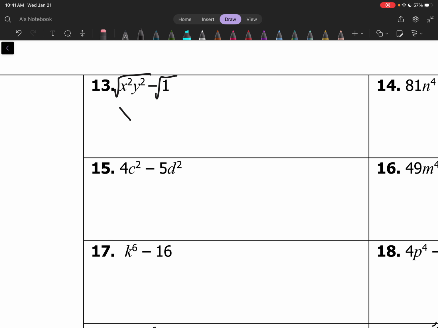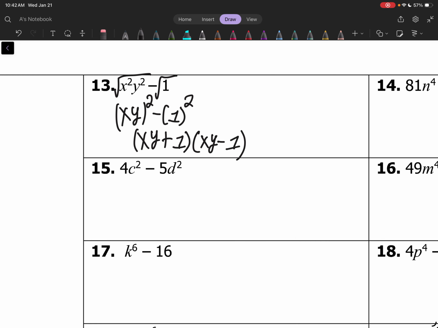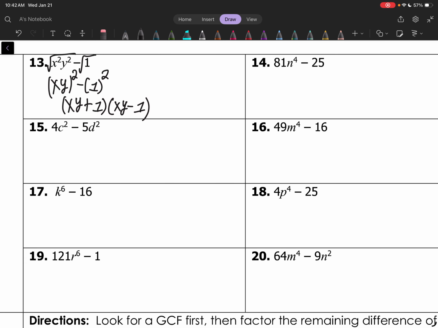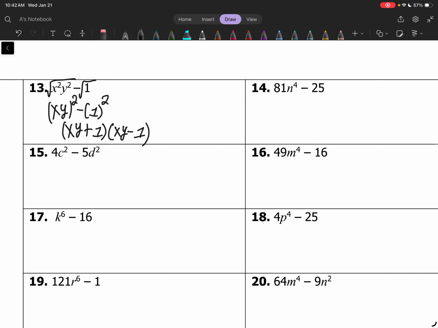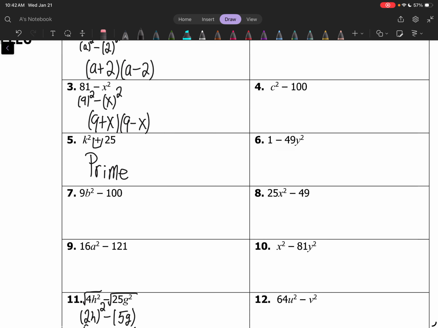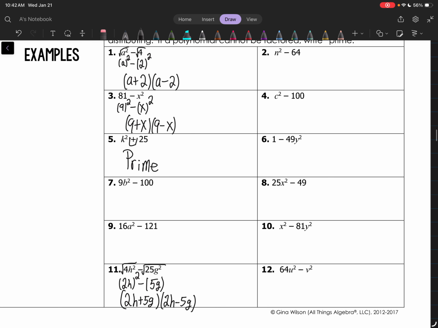Square root of both of these will be xy squared minus 1 squared. I wanted to show you this one because I had two variables in that first term. Okay, all those are good. So I want you to pause the video and try 1 through 12.